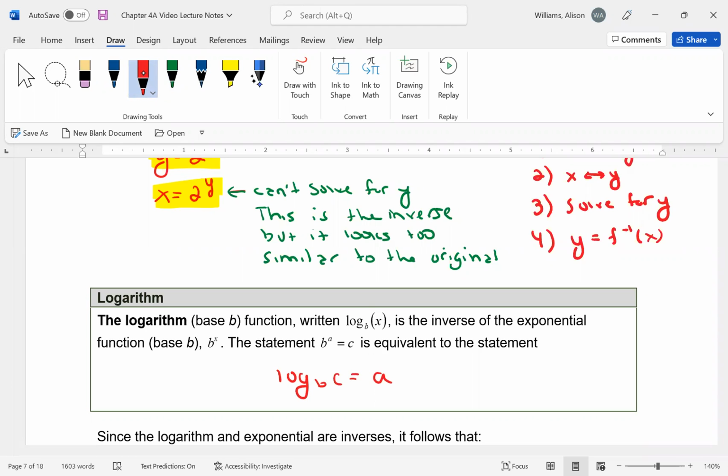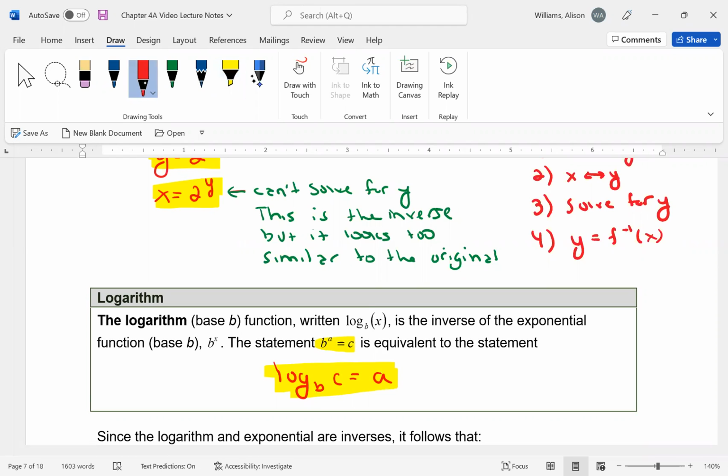So that is a base b, and that is an L. So it's like a subscript. It is a subscript. So here, let me make sure it looks like a subscript. So these two statements are equivalent to each other. To say log base b of c equals a is the same thing as saying b to the a equals c.